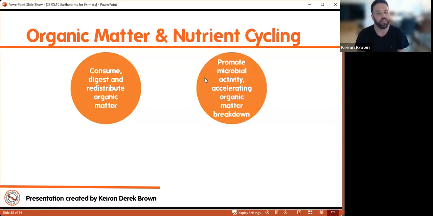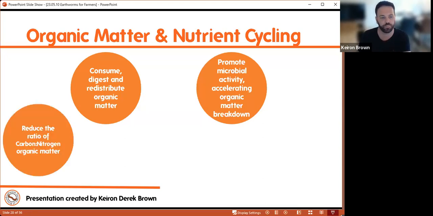So they promote microbial activity, accelerating the organic matter breakdown as well. So it's not just them breaking it down through their gut, but within their gut, when they're feeding on it, there's lots of beneficial microbes that are being added that are helping it to break down even faster. And the mucus that they give off also helps promote this as well.